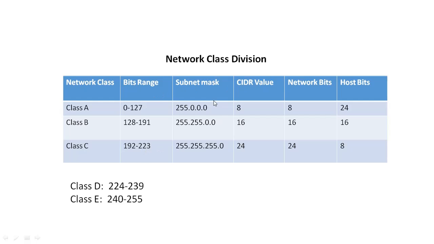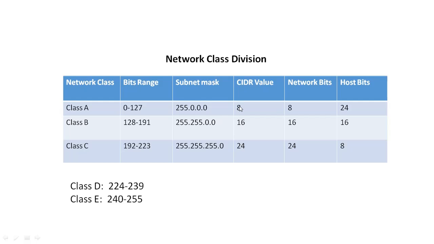And you can see the subnet mask for Class A is 255.0.0.0, the subnet mask for Class B is 255.255.0.0, and for Class C it's 255.255.255.0.